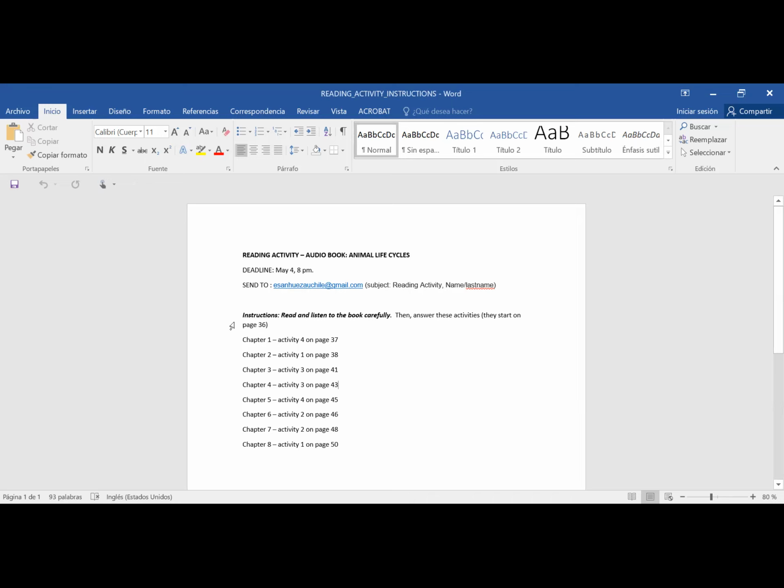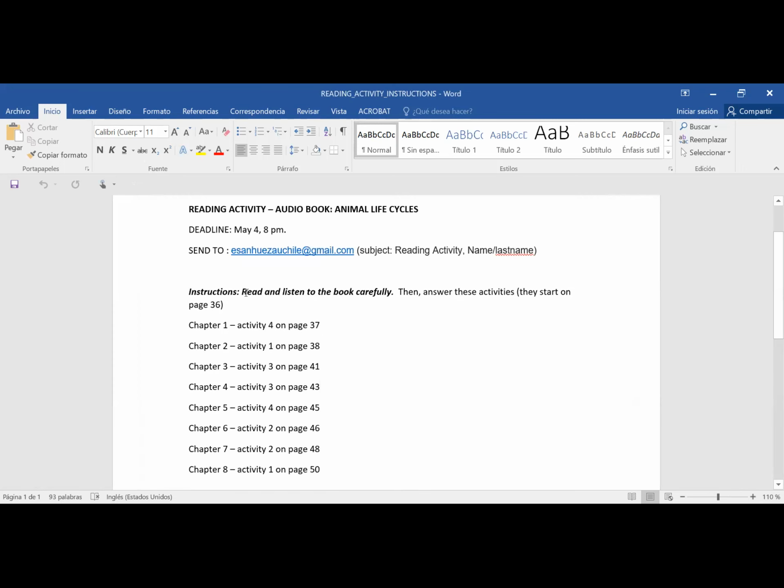And these are the specific instructions. Read and listen to the book carefully. And then you answer these activities that start on page 36. For chapter 1, only activity 4 on page 37.